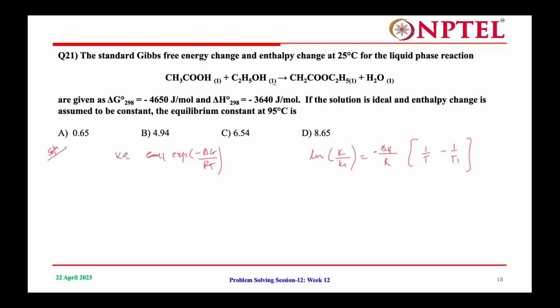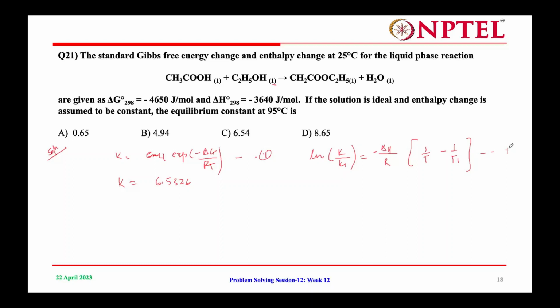First calculate the K value at 25 degrees Celsius. Delta G is given, R is 8.314 and T is 25, so convert into Kelvin. So we get K equal to 6.5326.